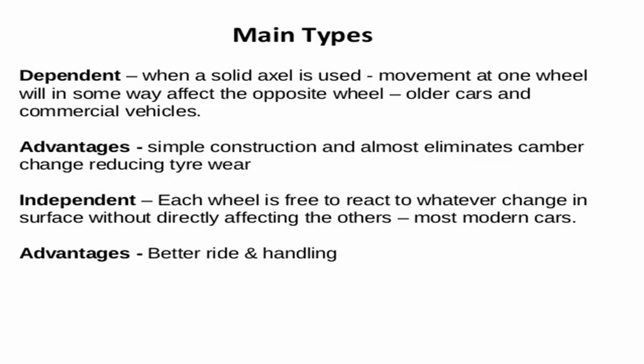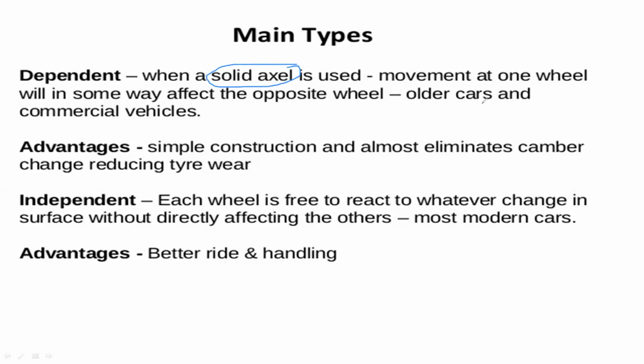So the dependent system means only a solid axle is used. In that, the solid axle is connected to the wheels, okay. So whatever type of suspension system we are using on that vehicle, that suspension system is directly connected to this solid axle.